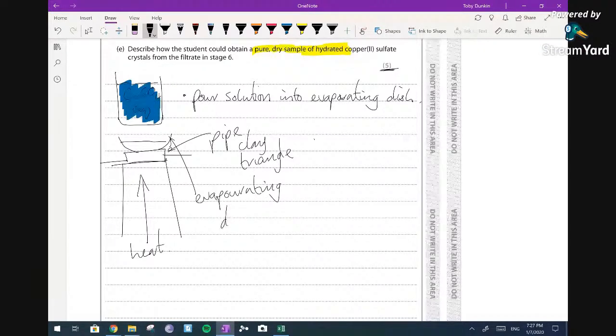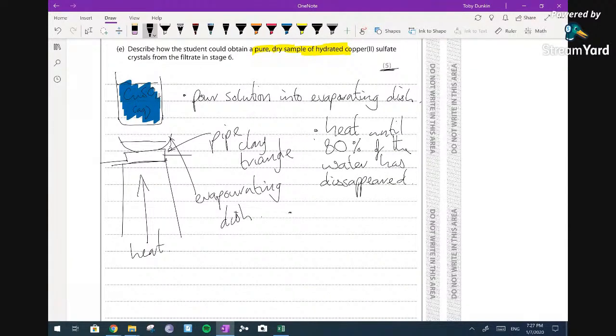Right. Now we're going to heat it. Heat until 80% of the water has disappeared into the air.